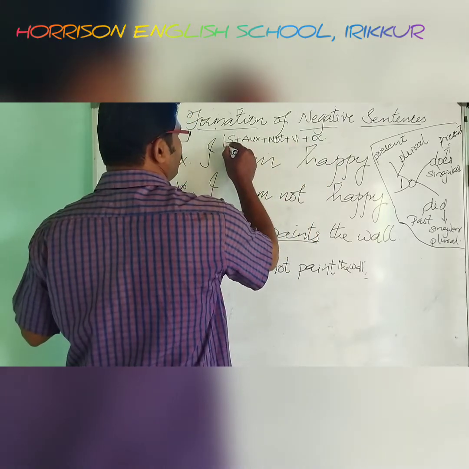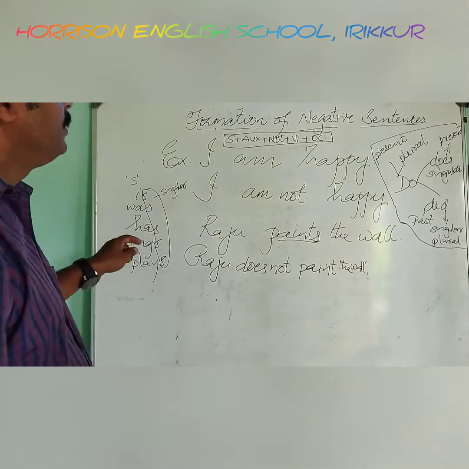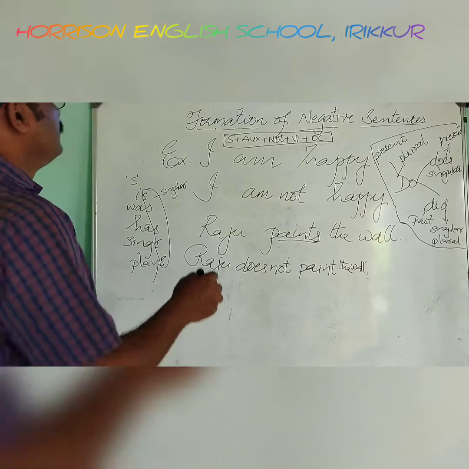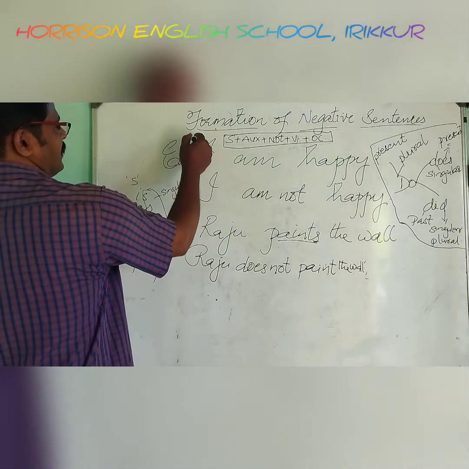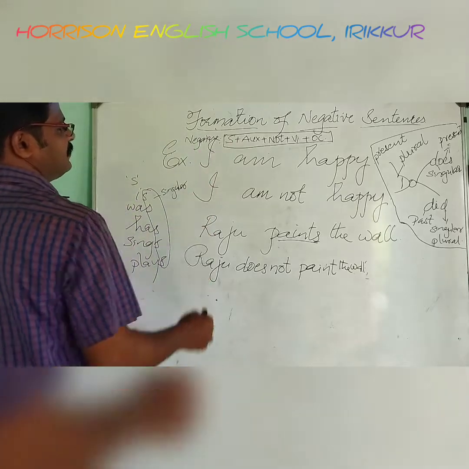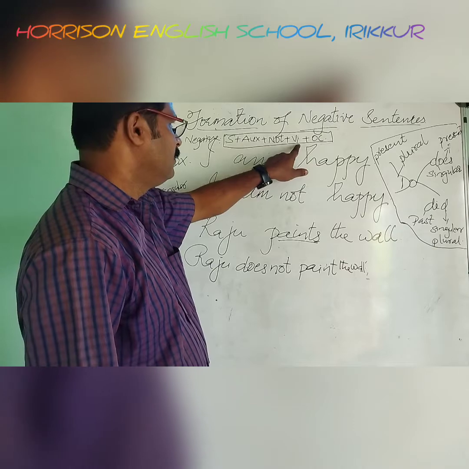Every sentence may not have an object, so there will be a complement. OC stands for object or complement. So subject plus auxiliary plus not. This is the structure of a negative sentence.